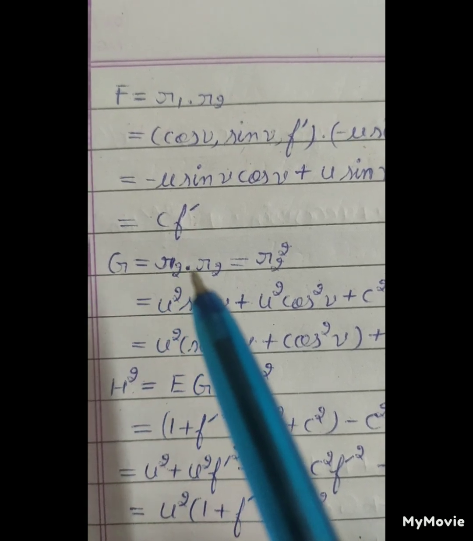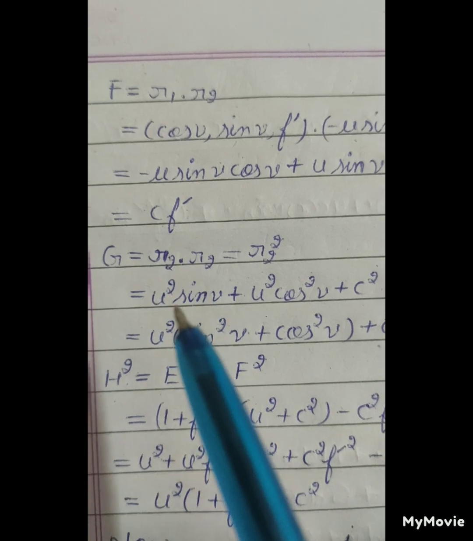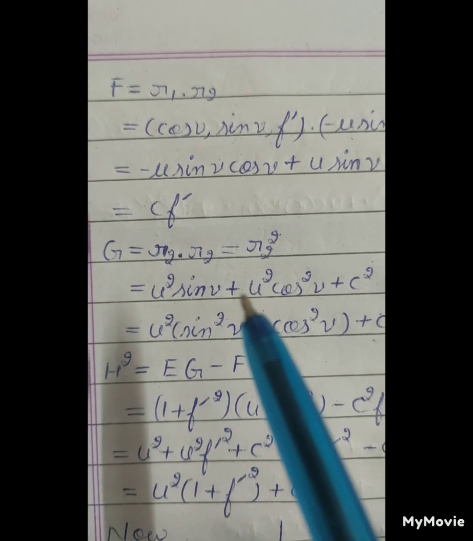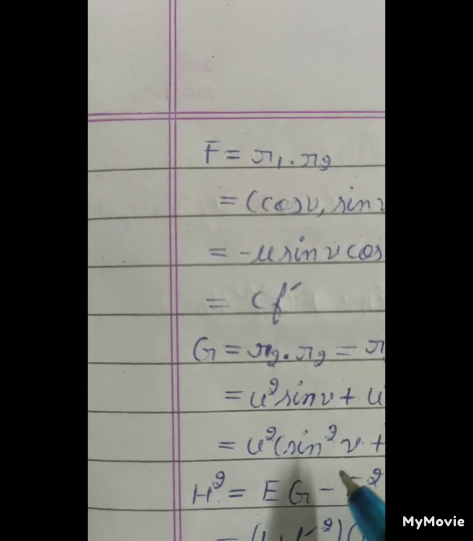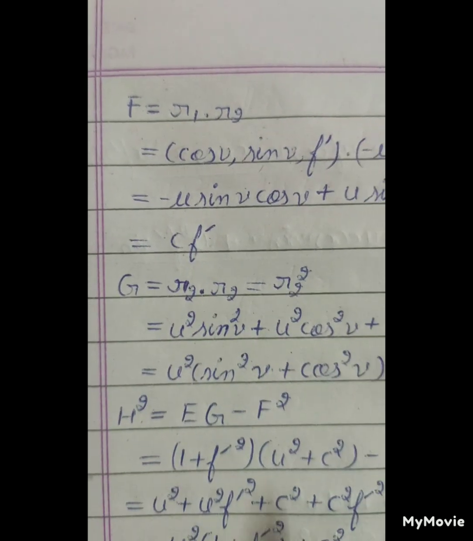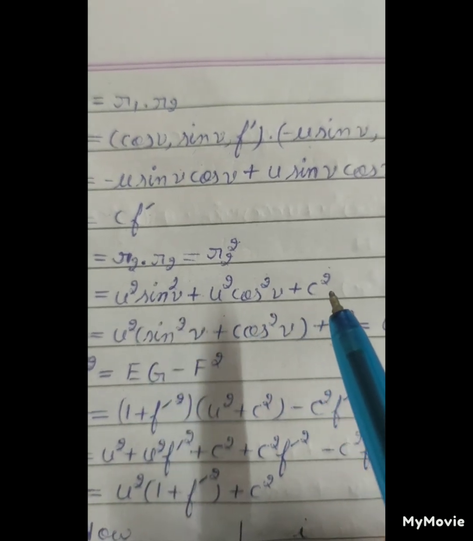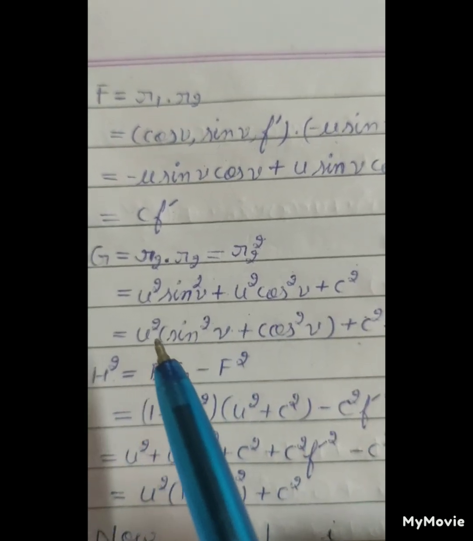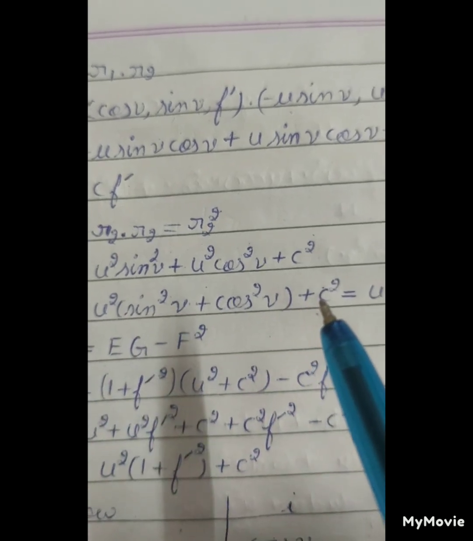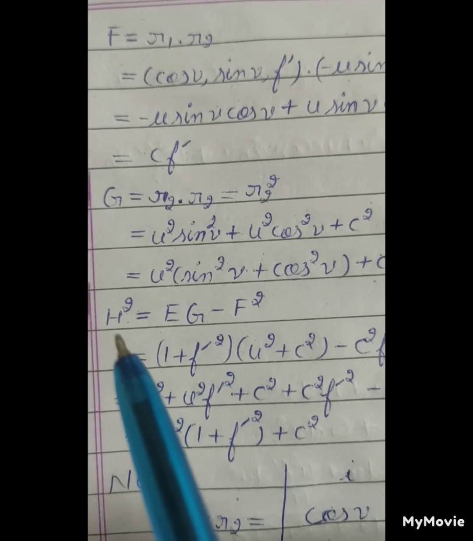Similarly, G equals r2 dot r2 equals r2 square, which is u square sin square v plus u square cos square v plus c square, equals u square (sin square v plus cos square v) plus c square, equals u square plus c square.